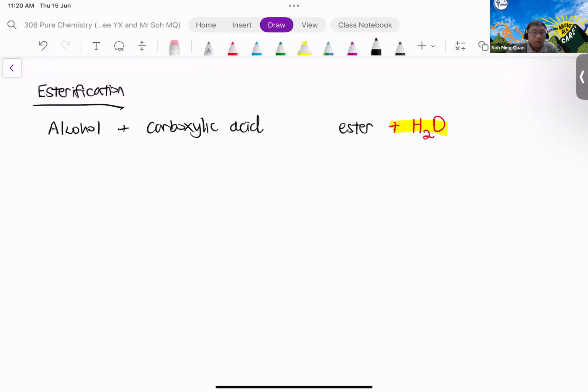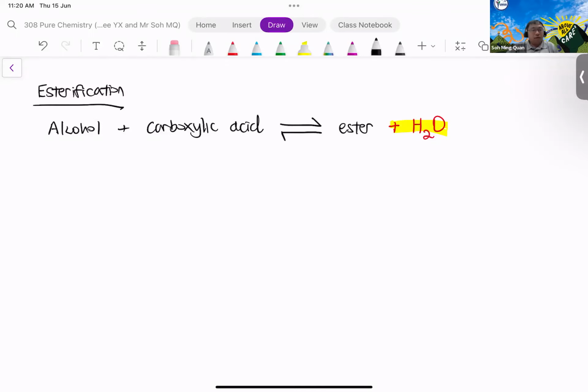Now, you notice that I haven't drawn the arrow. Depending on the textbook that you read, the arrow could be a single arrow, which is an irreversible reaction. But typically, esterification tends to be reversible, especially if you use a carboxylic acid.